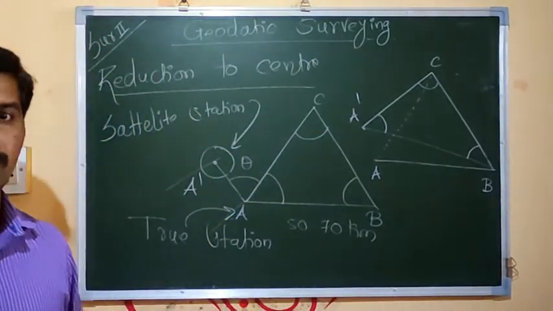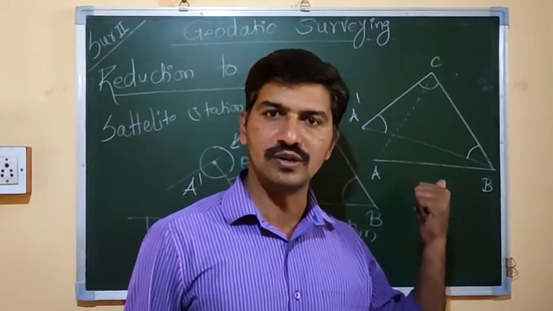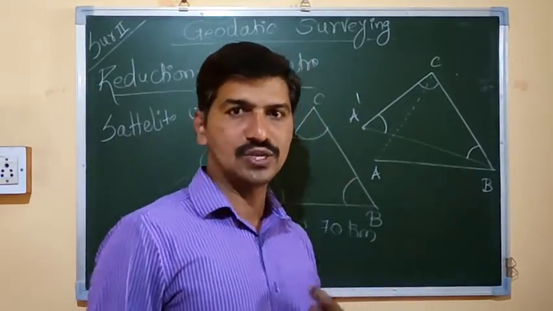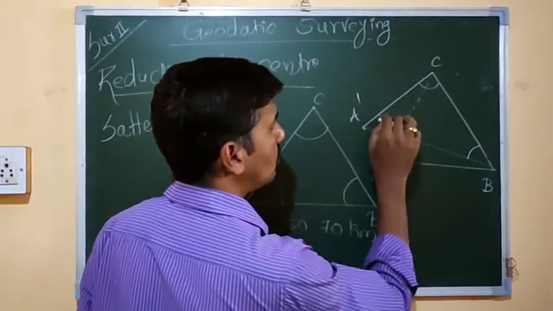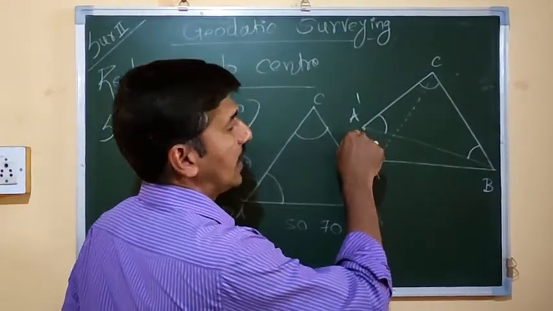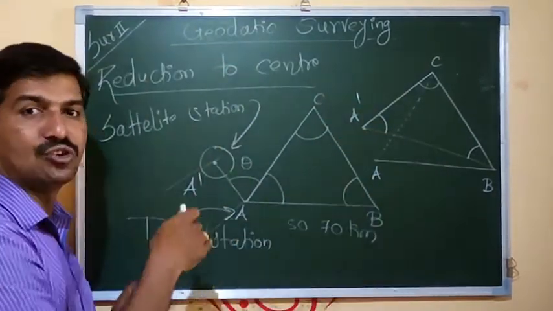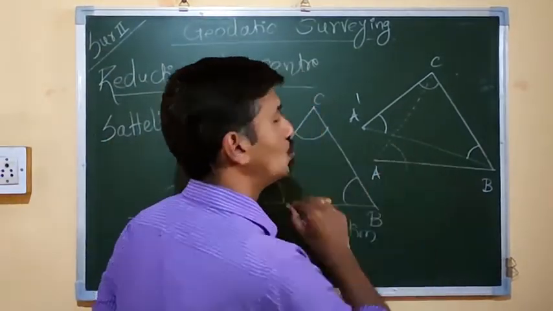Once we have taken all the observations in the field, while doing the calculation we have to refer to the satellite station, and whatever calculations are done have to be reduced to the true station.